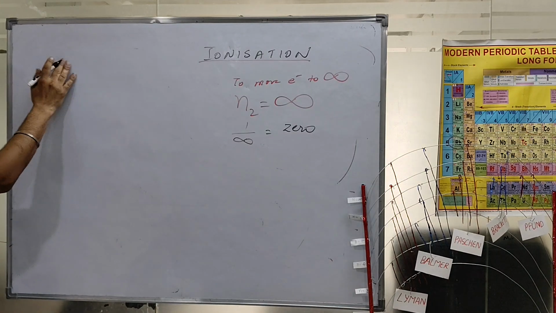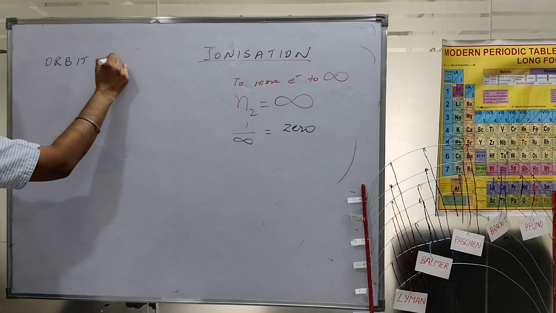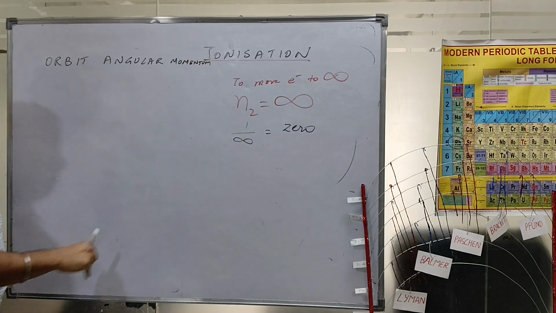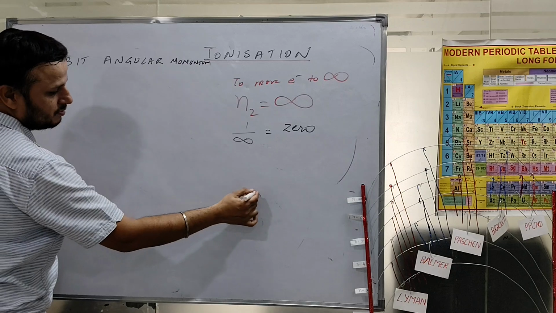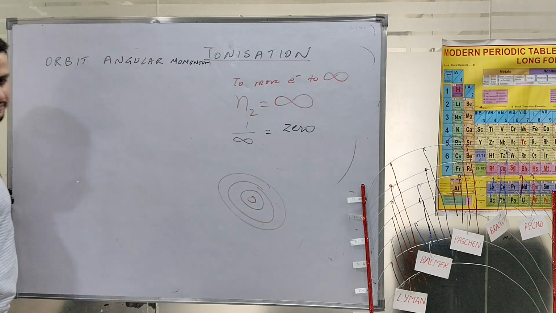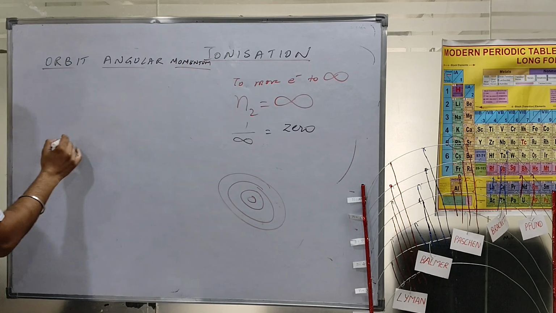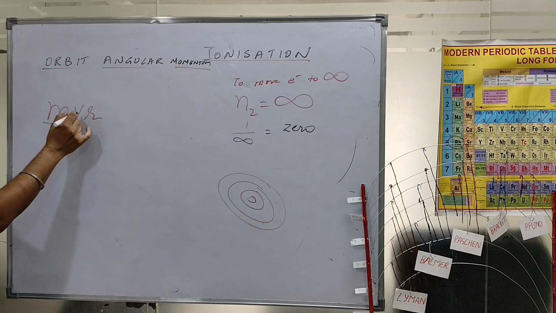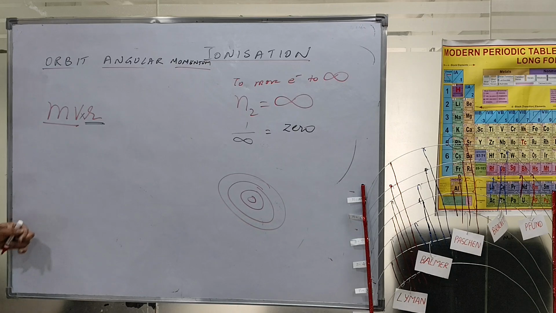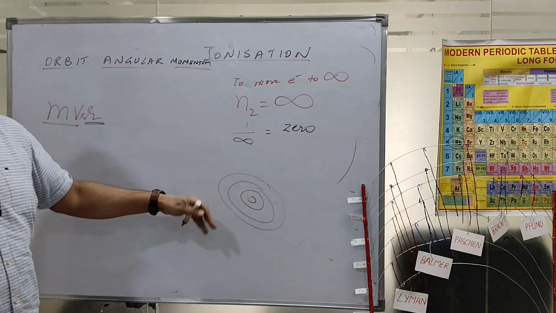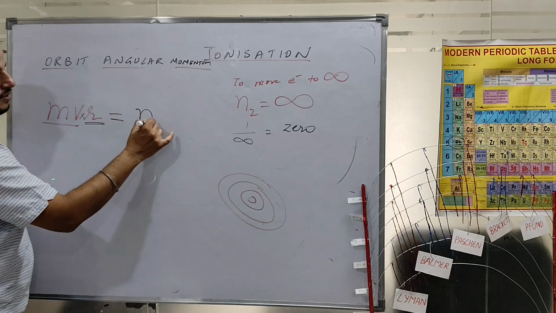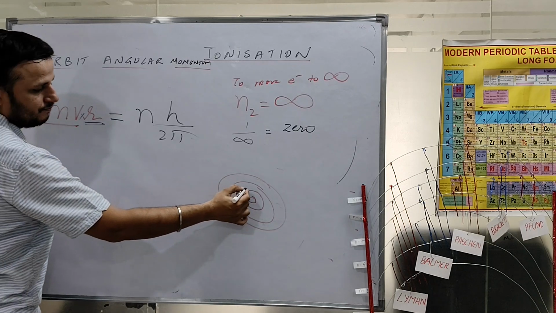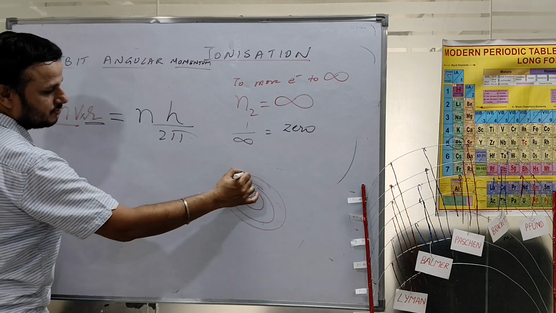And orbit angular momentum: when the electron is moving on its path, its orbit angular momentum mvr, momentum is m into v, and the orbit is a circular motion along shells of radius r, is given by nh by 2 pi, where n can be first shell, second shell, third shell and so on.